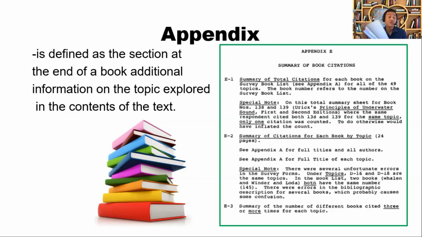The last part is the index. It talks about the words that the author used. We have the glossary of the words the author used, then the meaning of the words. That's all about the parts of the book that I have presented to you.